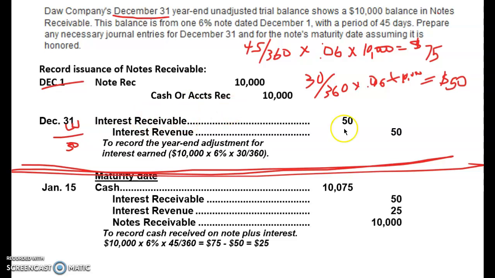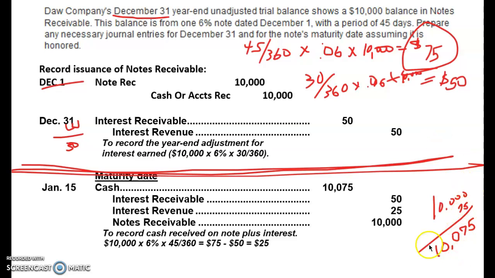All right, so then this is the same entry we've been doing almost the entire course now. Debit interest receivable for 50, and credit interest revenue for 50. Then when they pay us off the loan, we're expecting $75 in interest, right? So $10,000 they owe us plus 75, it's 10,075.